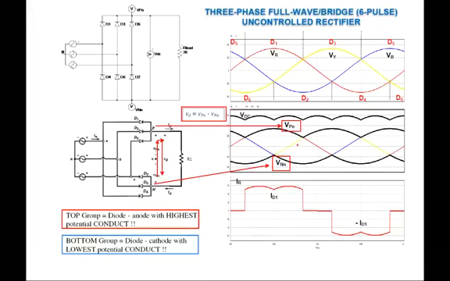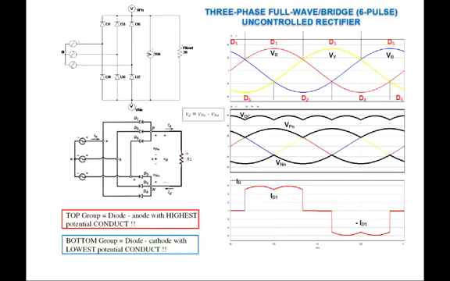Okay, so what about the input current? So we know that this is your output voltage across the R, and if you look at the current of it, it is simply VDC divided by R. So the output current also has the same 6 pulse waveform, but scaled down by the factor of R. So IDC equals VDC divided by R. So you will follow the same waveforms here.